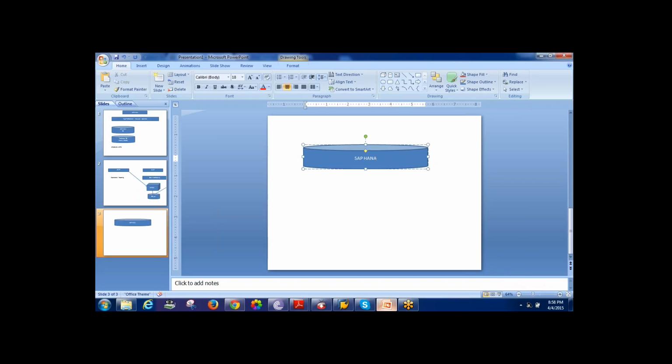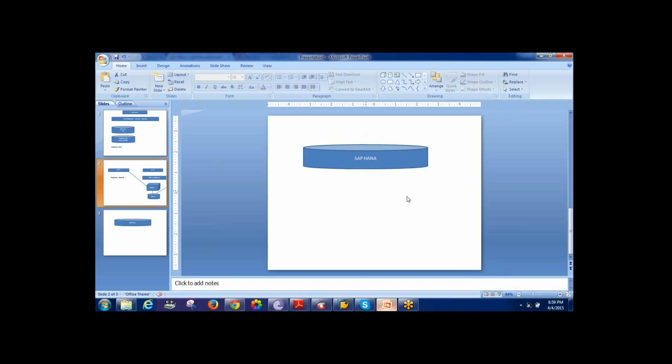Now we understand what technologies make SAP HANA extremely fast, and how it is different from other relational database management systems. Now we have understood what an in-memory application is.